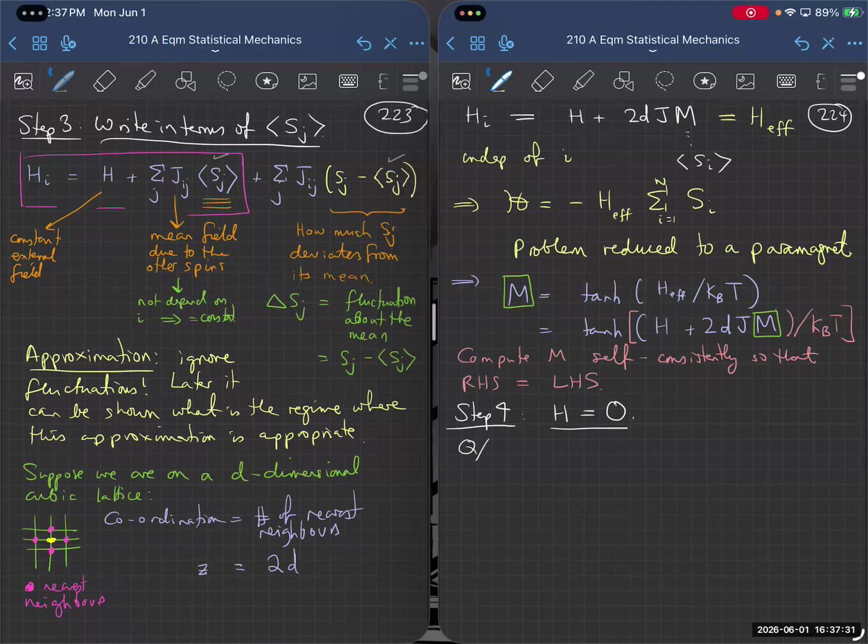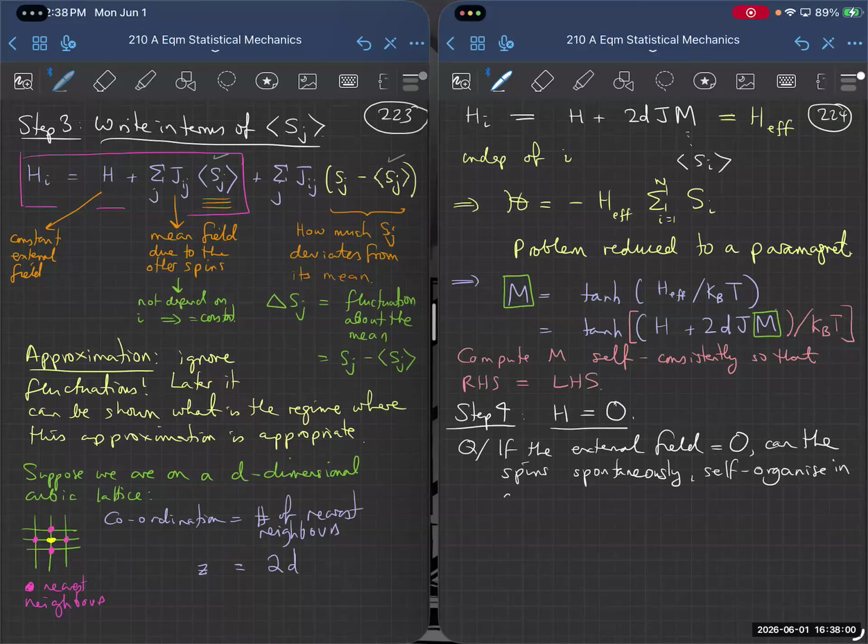So the question now is, if the external field is equal to 0, can the spins spontaneously self-organize in a cooperative way to create a magnet with non-zero magnetization? So that's the question.